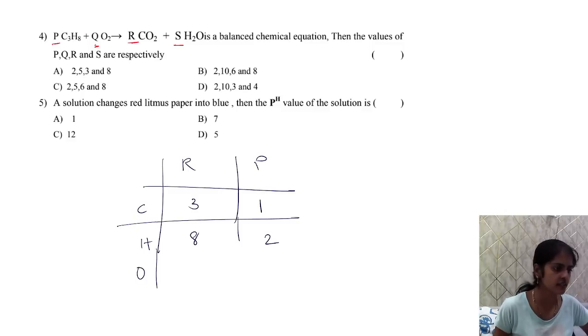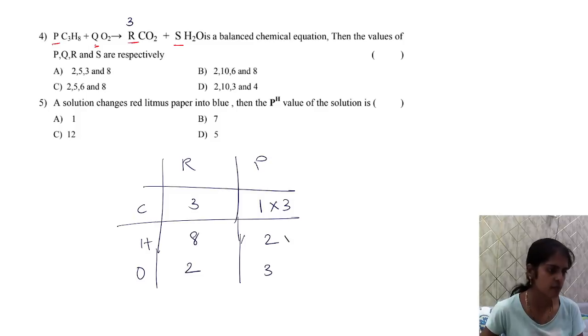Then oxygen, reactant side you have 2, and here you have 3. So I am multiplying carbon on the product side by 3, so I will write 3 here. Then I will multiply hydrogen by 4. So 3 equals 3, 8 equals 8.